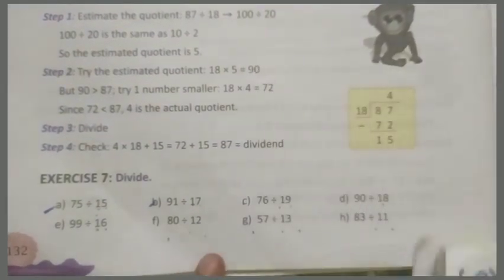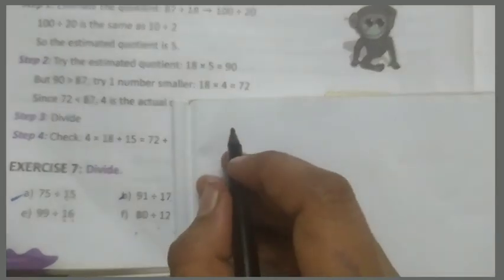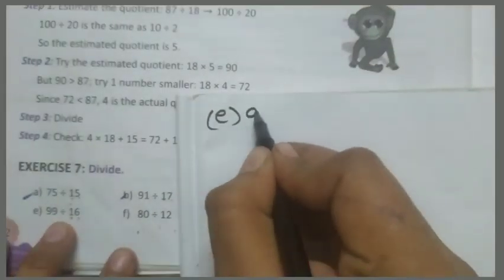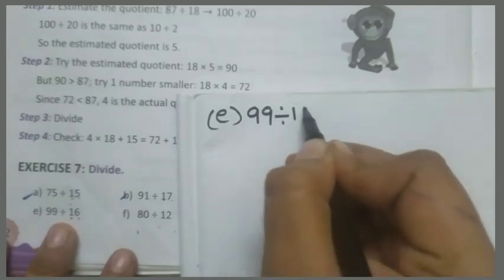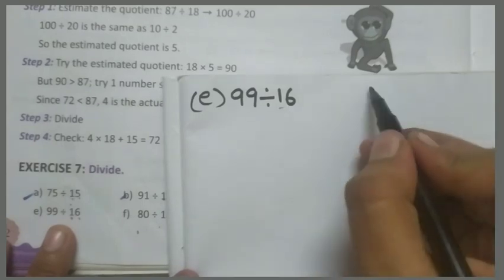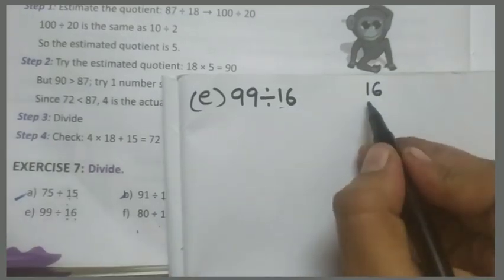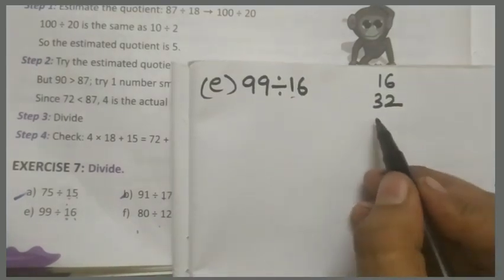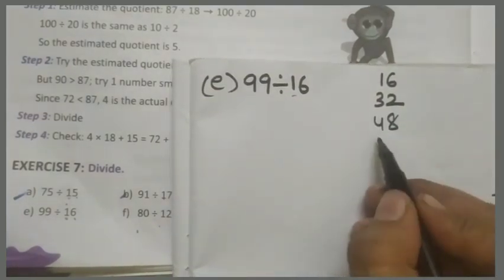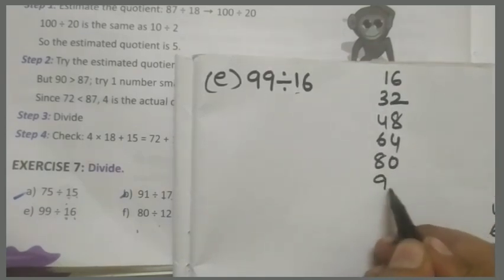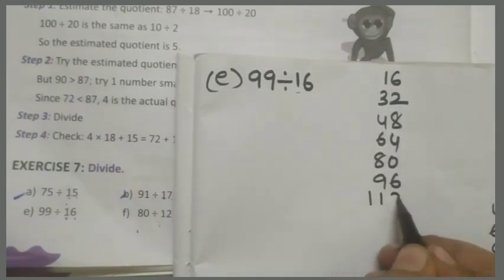Here I will explain one more question, E. 99 divided by 16. For this we have to write the 16 table. 16 ones are 16, 16 twos are 32, 16 threes are 48, 16 fours are 64, 16 fives are 80, 16 sixes are 96, 16 sevens are 112.